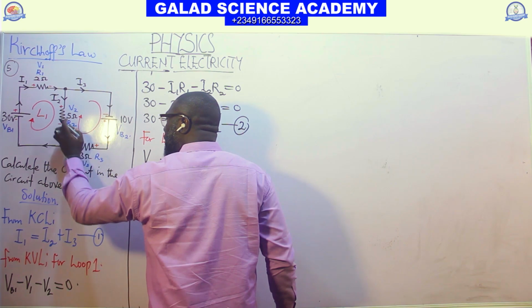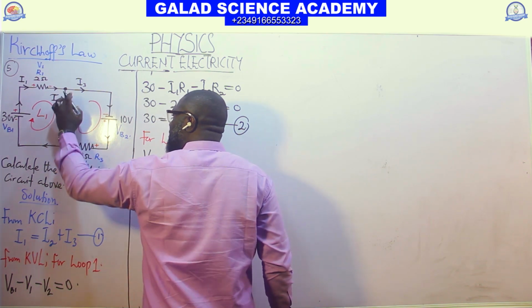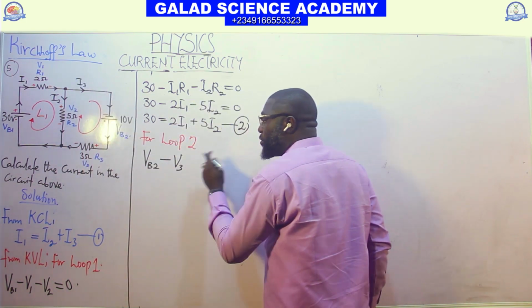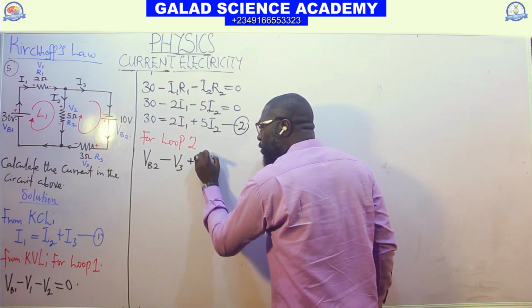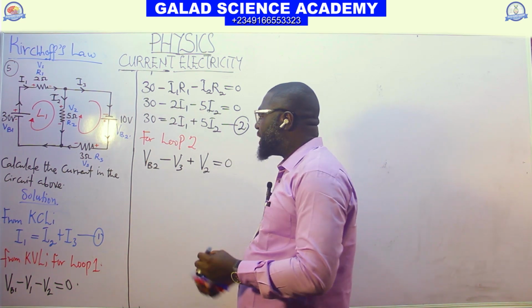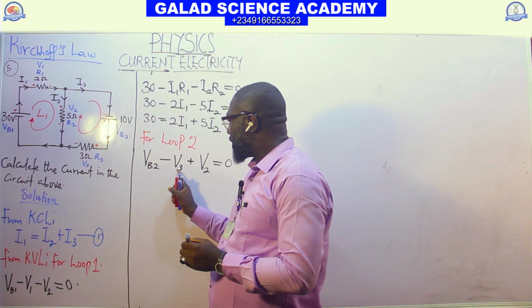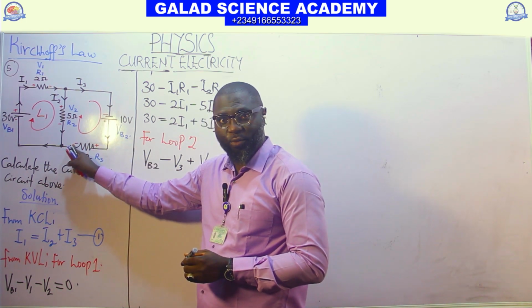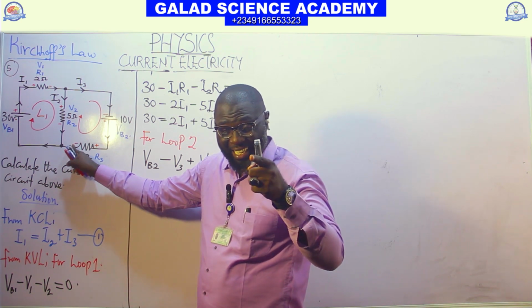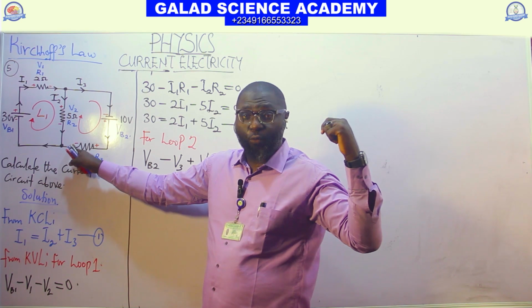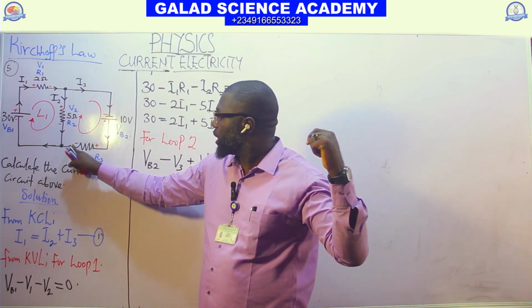Then getting to this side, it's going up. The loop going up like this. When the loop and the current are opposed to each other, the voltage will rise. We have plus V2 equal to 0. Why is it that this one is minus? The loop moving like this towards negative for resistors. I've explained that in the beginning of the Kirchhoff voltage law. Go and watch it, please.